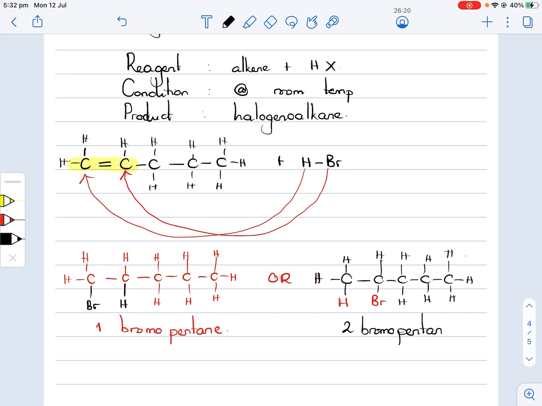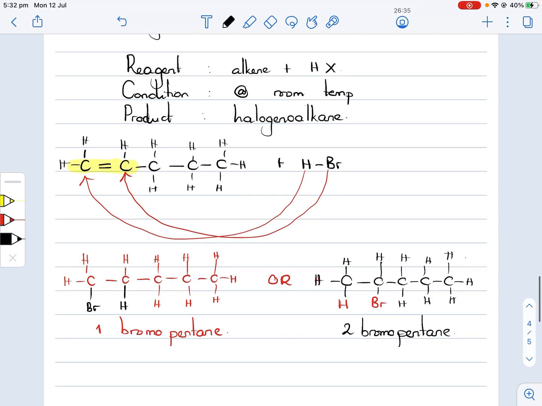I have a bromine group on carbon number 2. My carbon chain has 5 carbons with single bonds between them, indicating that it is an alkane. So that is 2-bromopentane. Any one of those two can be a final answer.